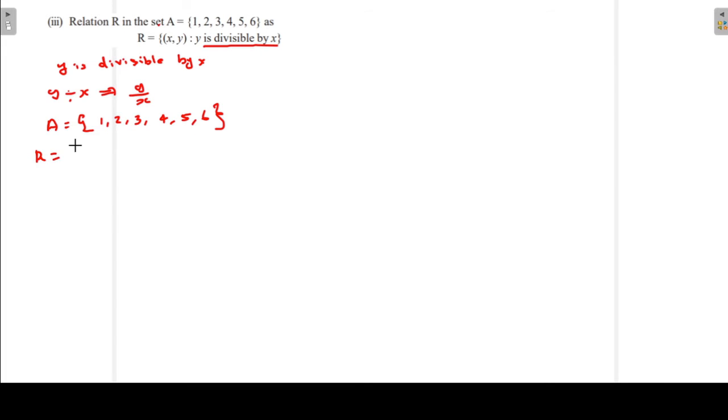How do you write R? Using 1 we can divide 2, 3, 4, 5, 6. So (1, 2) first, then (1, 1) also, using 1 you can divide 1 also: (1, 1), (1, 2), (1, 3), (1, 4), (1, 5), (1, 6). Using 1 you can divide all these numbers.